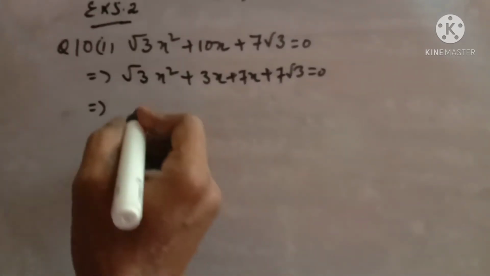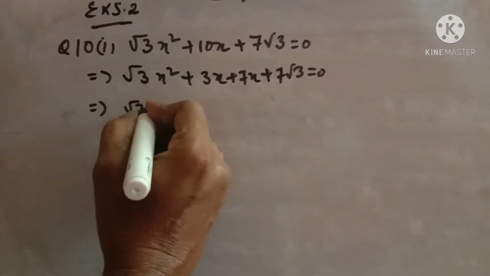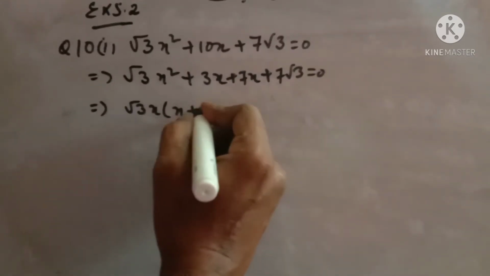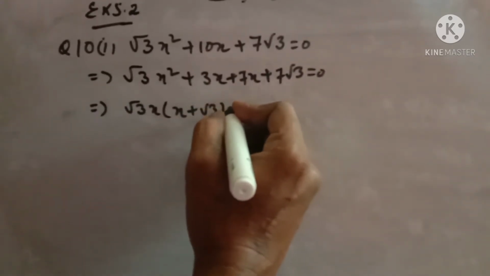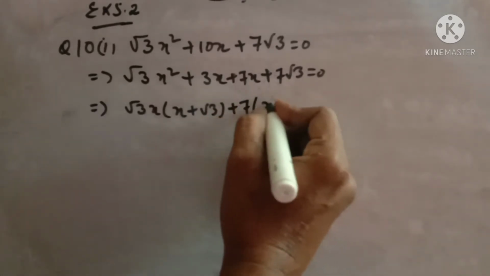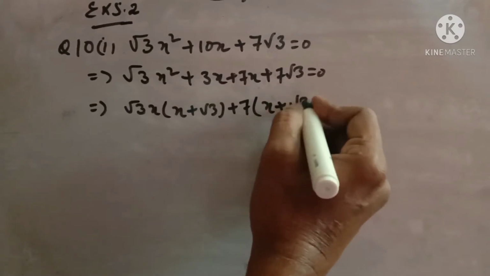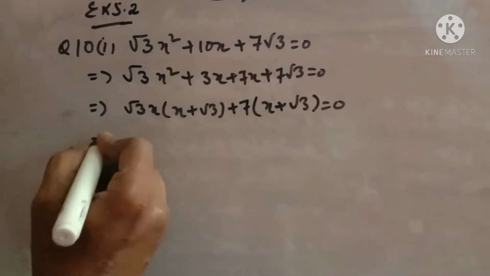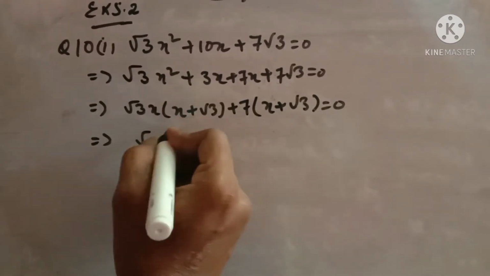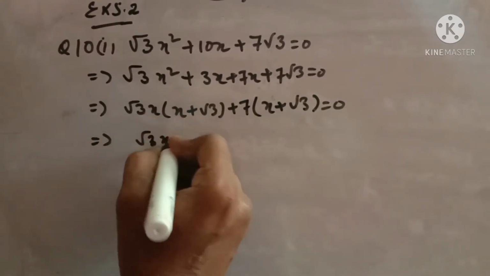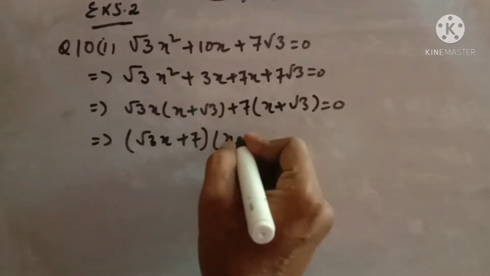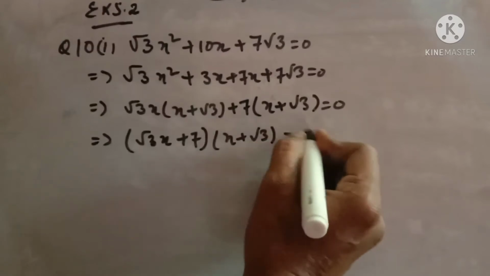Here I can take common root 3x, so x plus root 3, here I am taking common, plus 7, so x plus root 3 equal to 0. So our common terms are what? First of all, you write this root 3x plus 7 and common term x plus root 3 equal to 0.